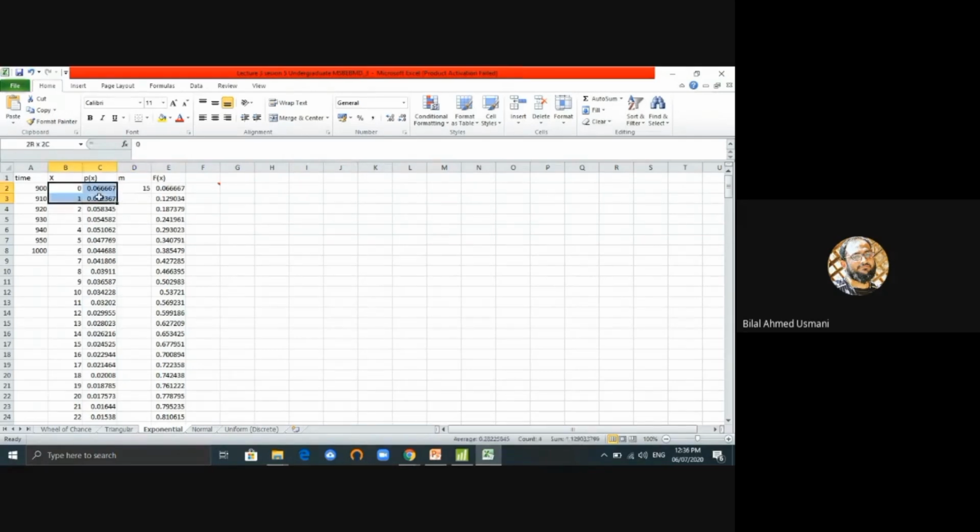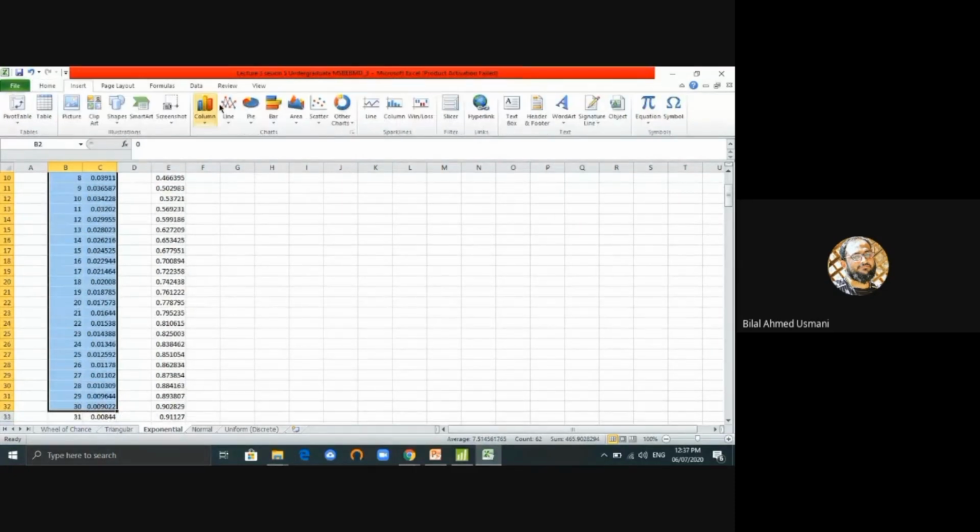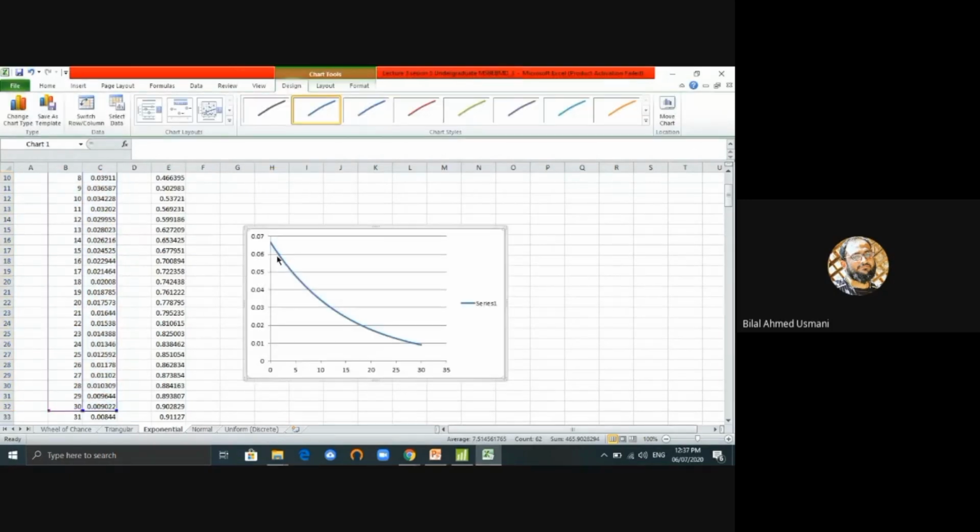So if I just plot it till here, you can see that on average 15 customers could come. Then what would be the probability of having zero customers? Having zero customers is around 0.07, and for 15 customers, the mean of the exponential distribution comes around over here.